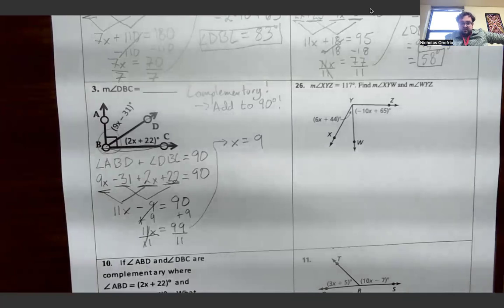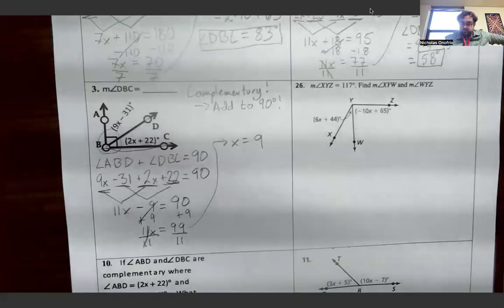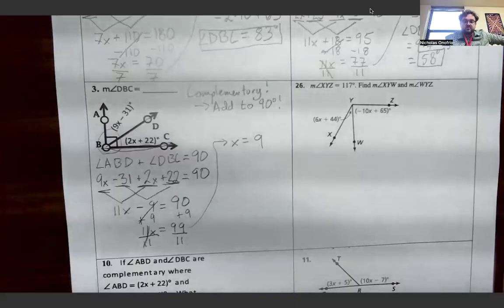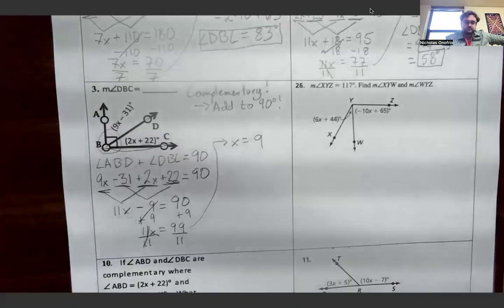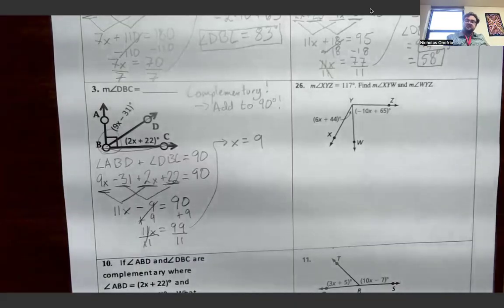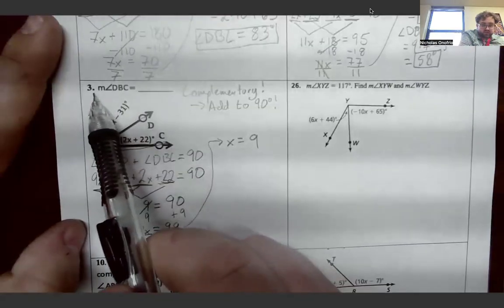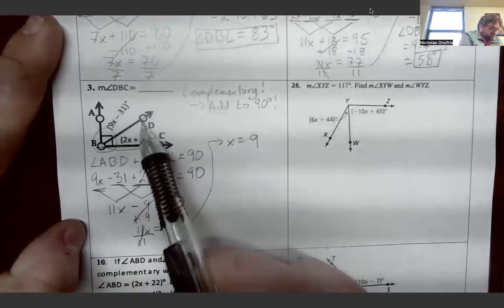Now, I want you to take a second and talk to a neighbor. Which equation am I going to plug into? Am I going to plug into the equation with 9x minus 31? Or am I going to plug into the equation 2x plus 22? Chat with your neighbor. Okay, if you and your neighbor said we're going to plug into the 2x plus 22, you are absolutely correct. We get this because if we look at our problem, it asks for DBC.